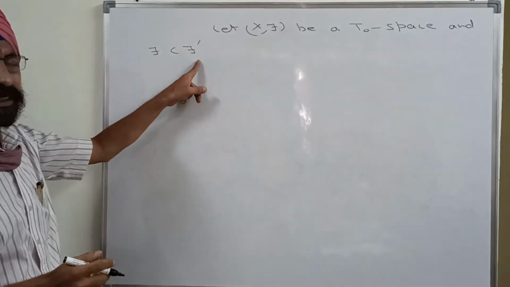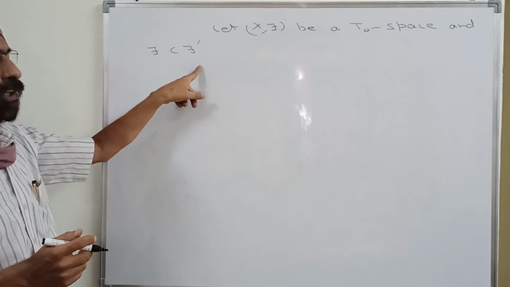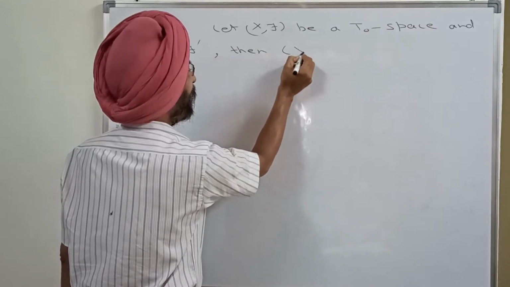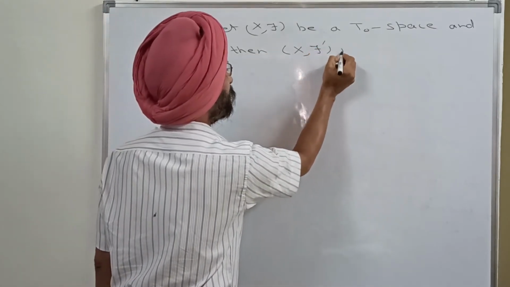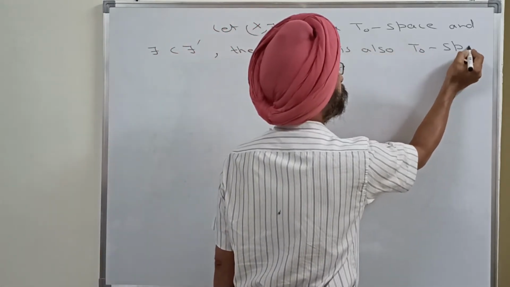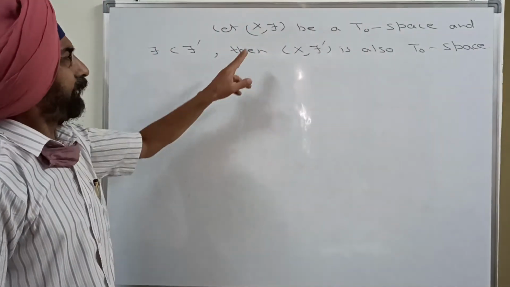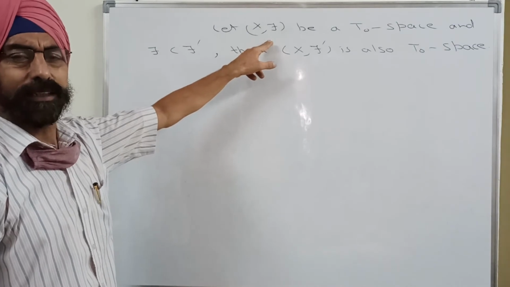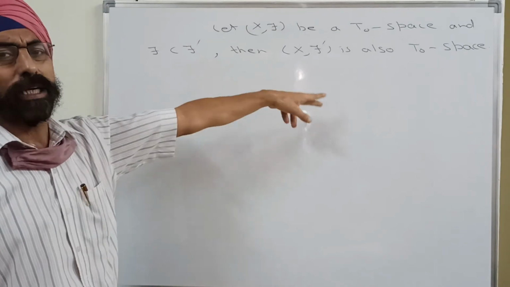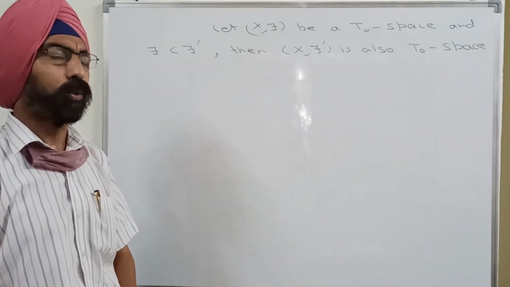That means tau dash is a finer topology than tau, or you can say tau is coarser than tau dash. Then (X, tau dash) is also a T0 space. So that means if a topology is T0, then any topology finer than that is also a T0 topology. This is a property that we are going to prove now.